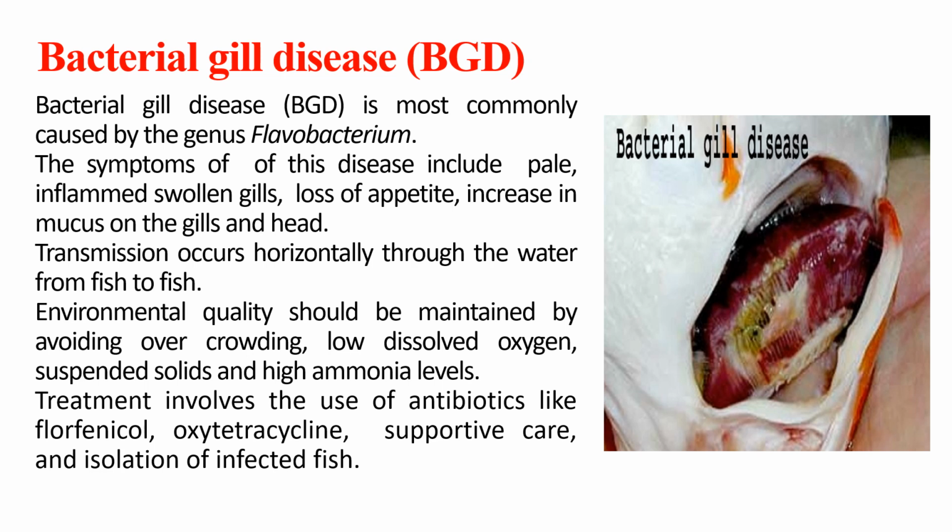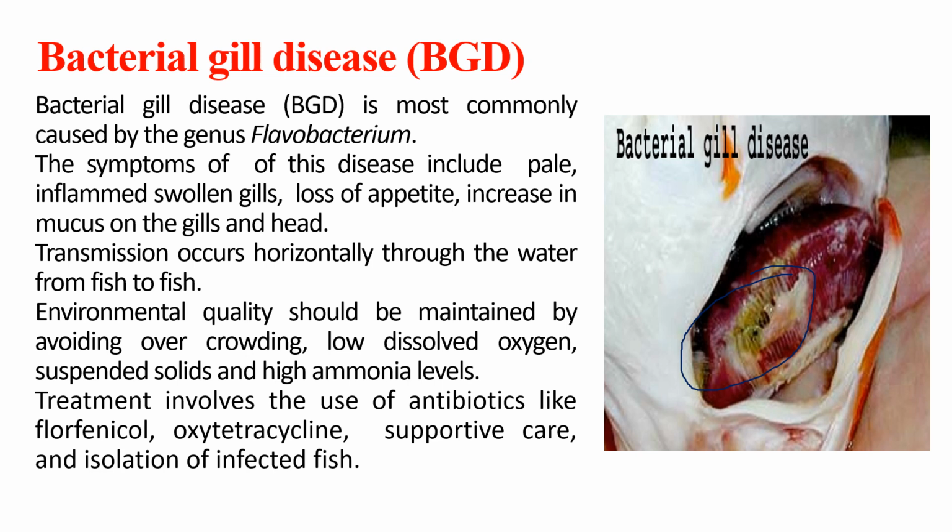Bacterial gill disease (BGD). Bacterial gill disease is most commonly caused by Flavobacterium. The symptoms of this disease include pale, inflamed, swollen gills. You can see here the inflamed, swollen gills.